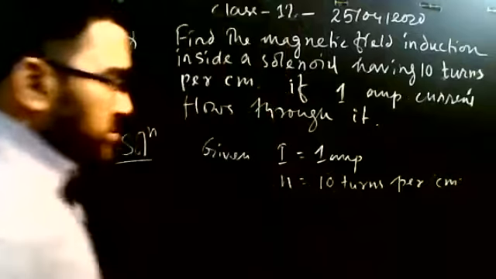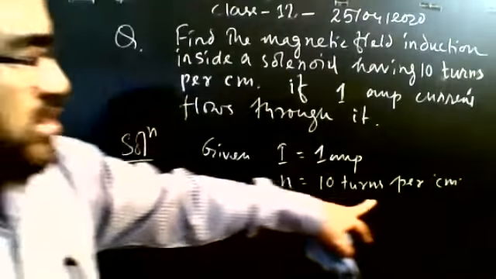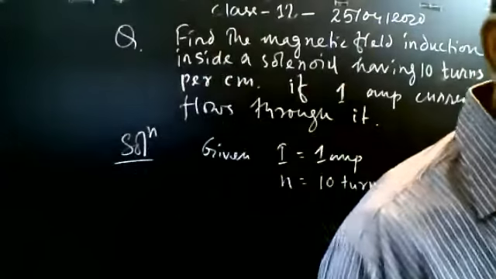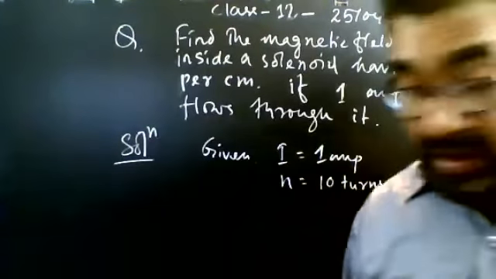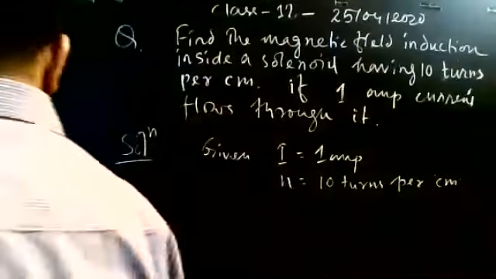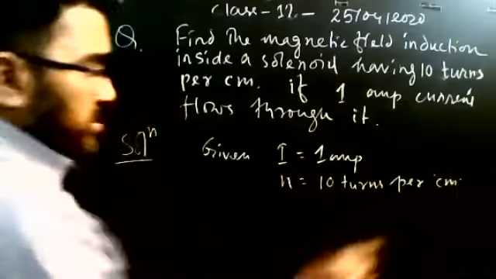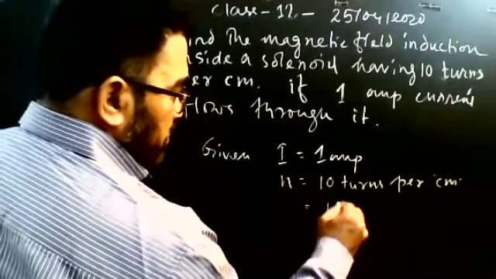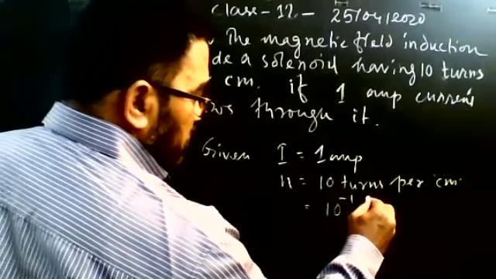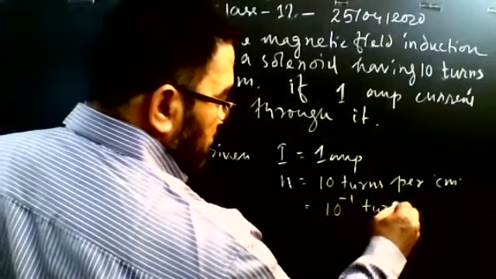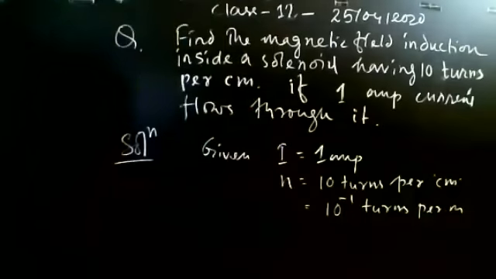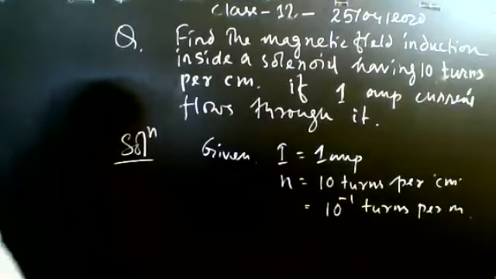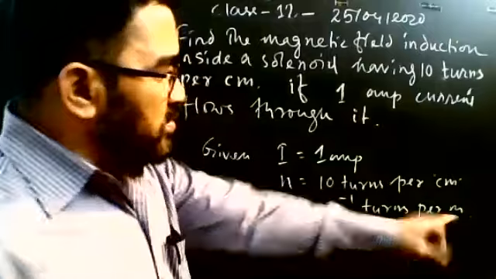So the question arises: 10 turns per centimeter, then how many turns in 1 meter? If in 1 centimeter there are 10 turns, then in 1 meter there will be 10 to the power 3 turns per meter. You have to convert it to meter.